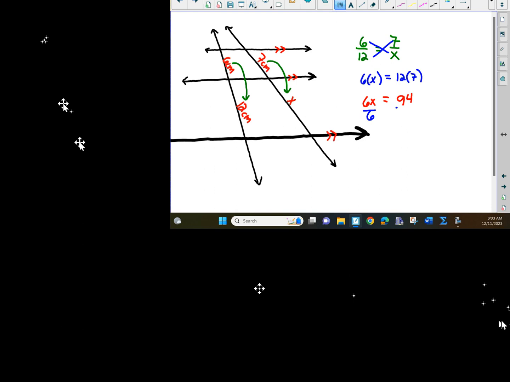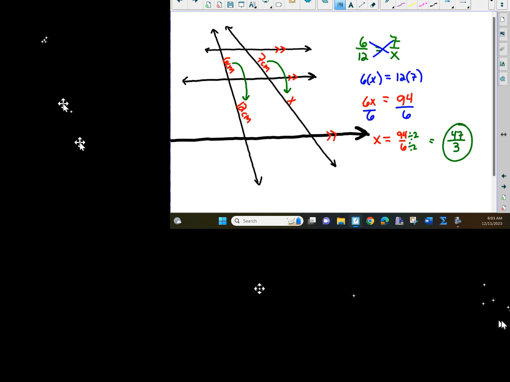I'm going to divide by 6. My x value is going to come out, I don't think this one goes in there nicely. So this is going to be 84 over 6, and I know you can divide a 2 out of each one of these. So that would be 3 all over 47 if I'm doing my math right there.